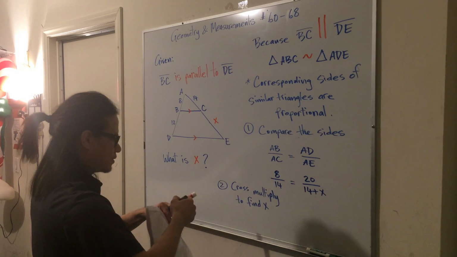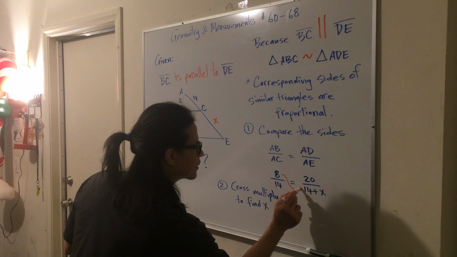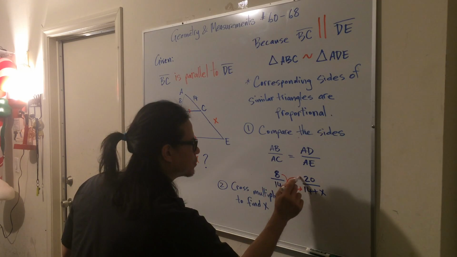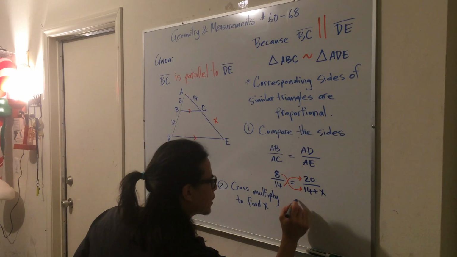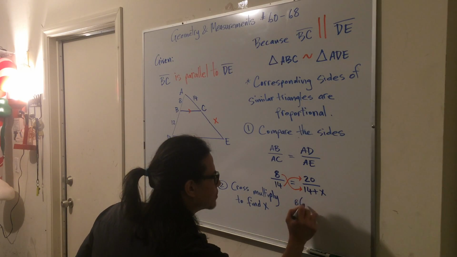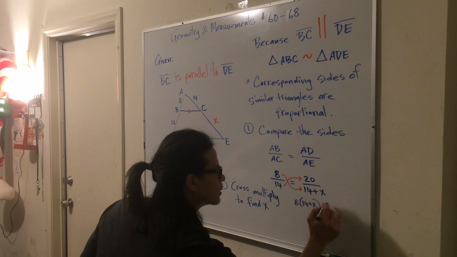Let's take 8 times 14 plus x, and then we'll take 14 times 20. So 8 times 14 plus x equals 14 times 20.